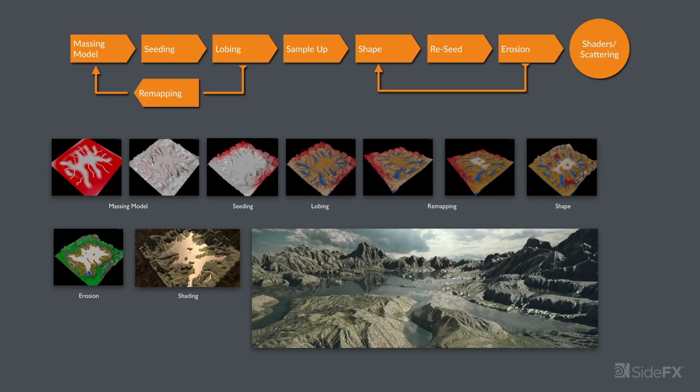Once I go through this process and get all my lobing done so I have these nice big breaks and chunks, then I'll sample up my height field to something more realistic, something that has a lot more detail. And in general, I'll do that a couple of times. So I'll sample up and I'll start to shape it. And what I mean by shaping it, right now, if you do an erosion, it's kind of going straight down the hill.